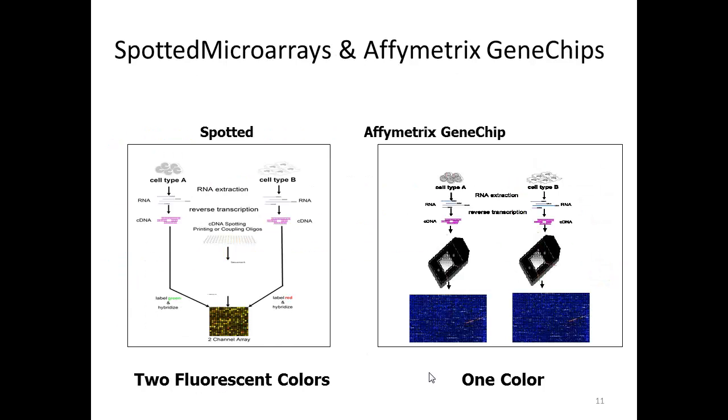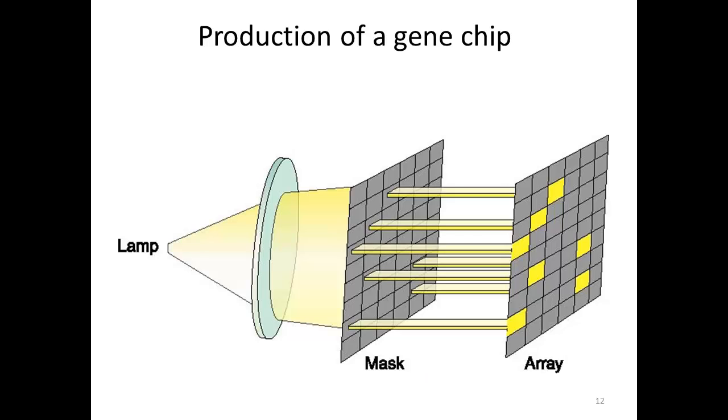So now we'll talk a little bit about Affymetrix chips. Affymetrix chips are made very differently from spotted microarrays. Again, in spotted microarrays, we were doing PCR reactions in tubes and then physically depositing a little bit of that DNA onto the surface. In this case, we're going to use photolithography to enable light-directed synthesis of the DNA probes right on the chip.